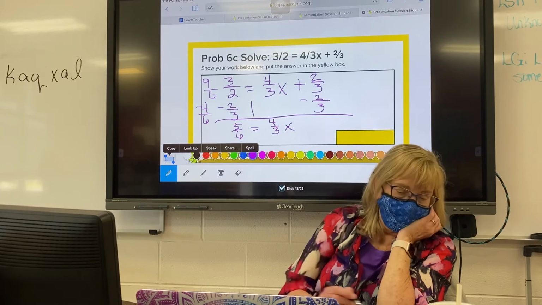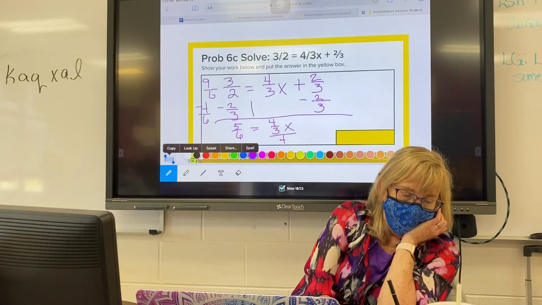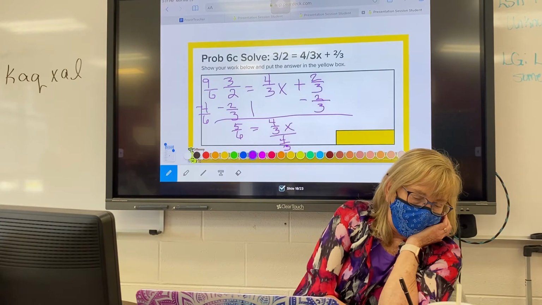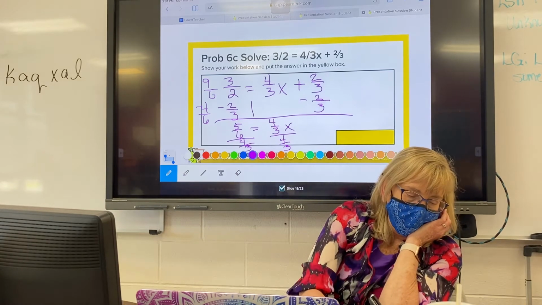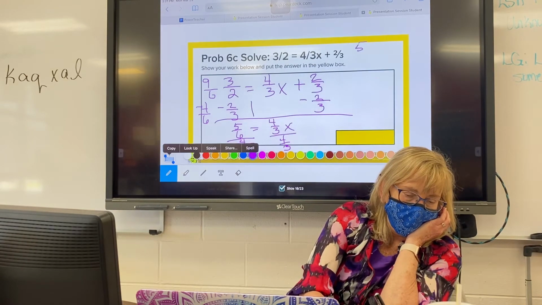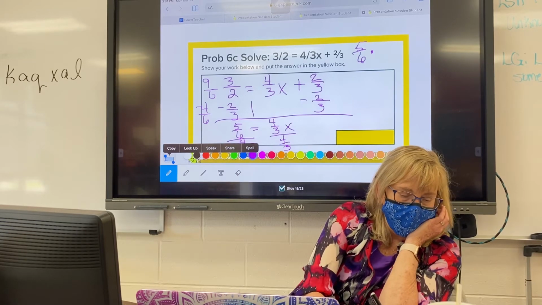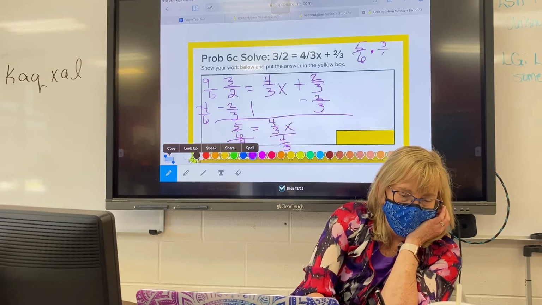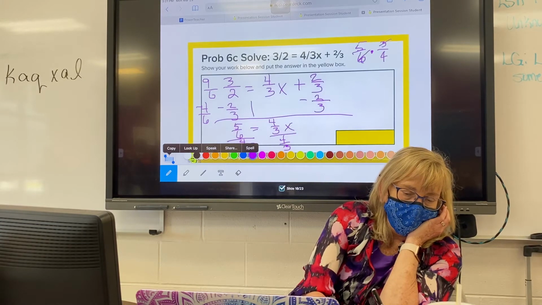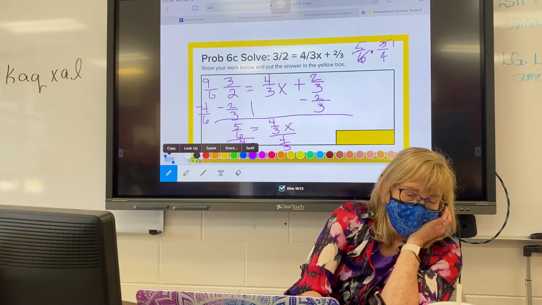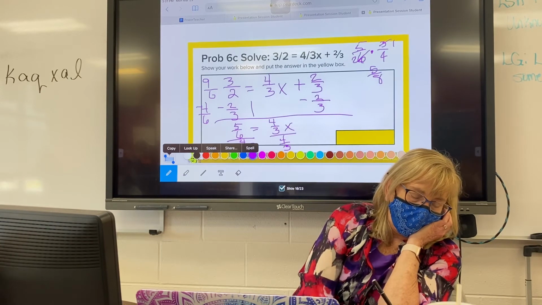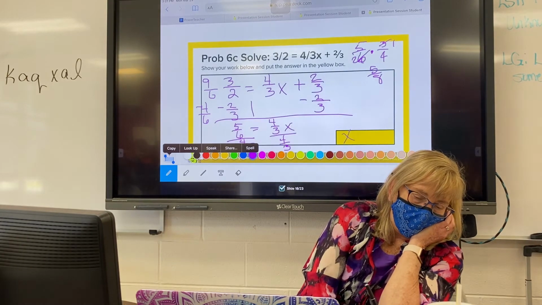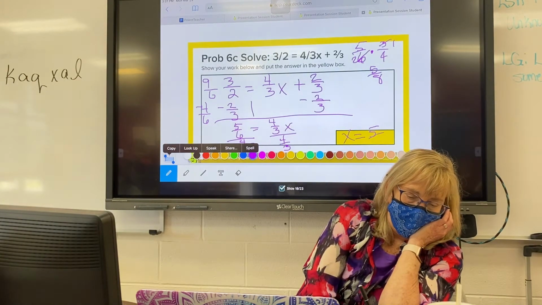Now we can divide by 4/3. And I'll come up here and do that. So I have 5/6 divided by 4/3, which is the same thing as multiplied by 3/4. Looks like I can do some canceling. So I get 5/8. So x equals 5/8.